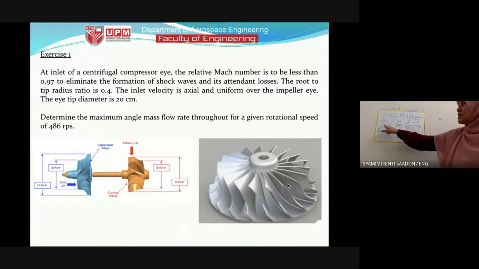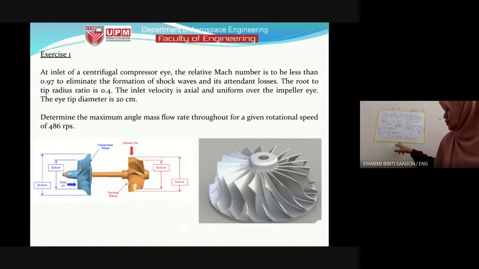From this equation, this one is 0.97, this one 305, gamma 1.33, R 287, T total 1 is 288 Kelvin, C1 unknown, 2Cp, with Cp 1005 joule per kilogram per Kelvin. So you get C1, 114.